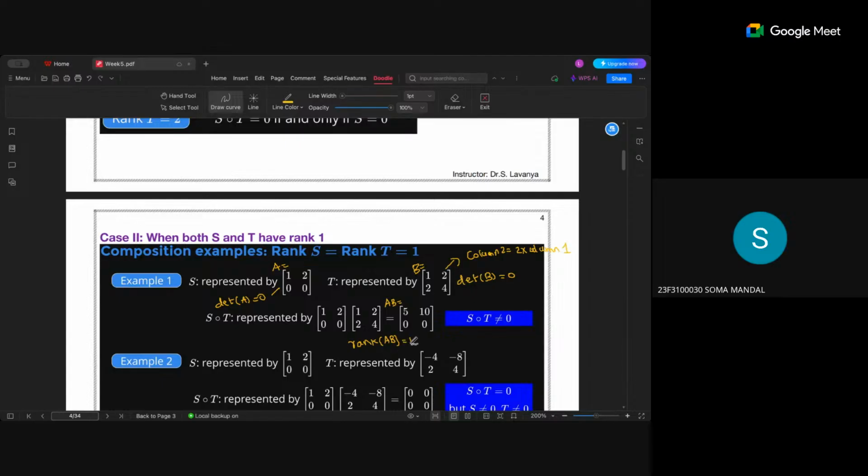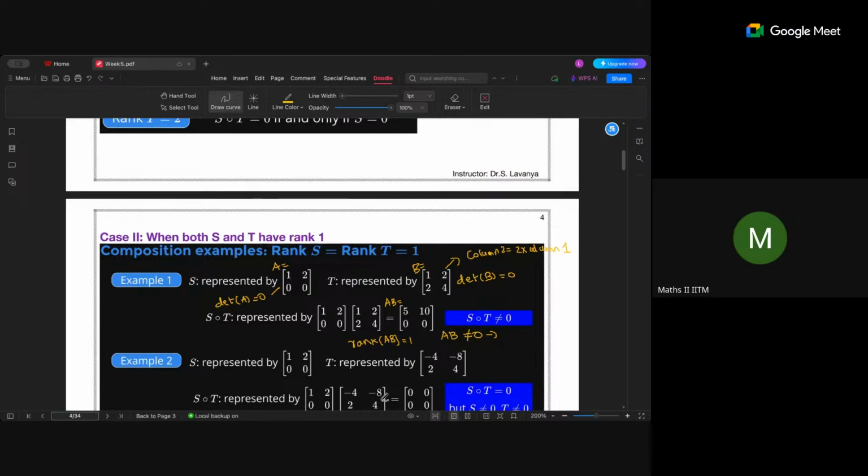But is the matrix AB non-zero? Otherwise it will be 2. So this matrix is non-zero, there are some non-zero entries. This is one case.